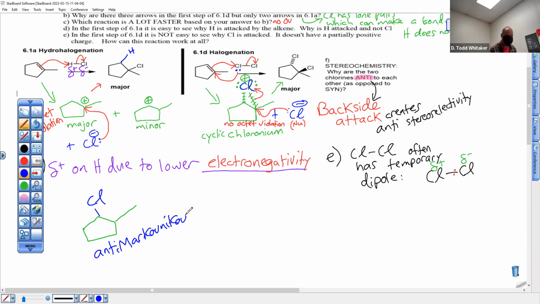And we use the word anti for stereoselectivity, which is a different concept. Okay. Here we have the less electronegative H on the more substituted carbon, right? And the more electronegative Cl on the less substituted carbon. They don't match. So that's just an aside for activity 2.